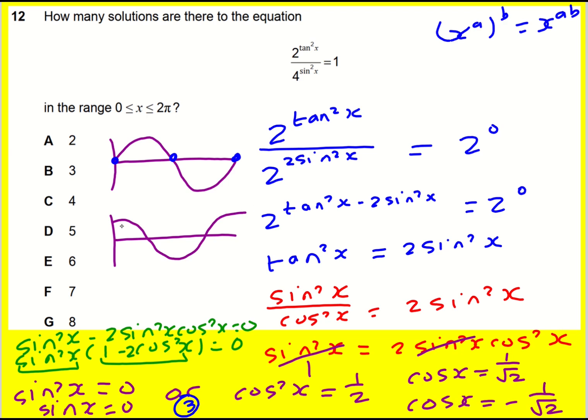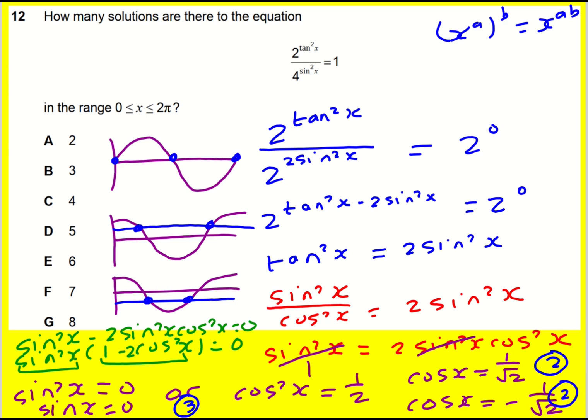So for the positive one, I'm going to get 2 solutions. And for the negative one, I'm also going to get 2 solutions. Which means in total, there are 7 solutions. Well done.